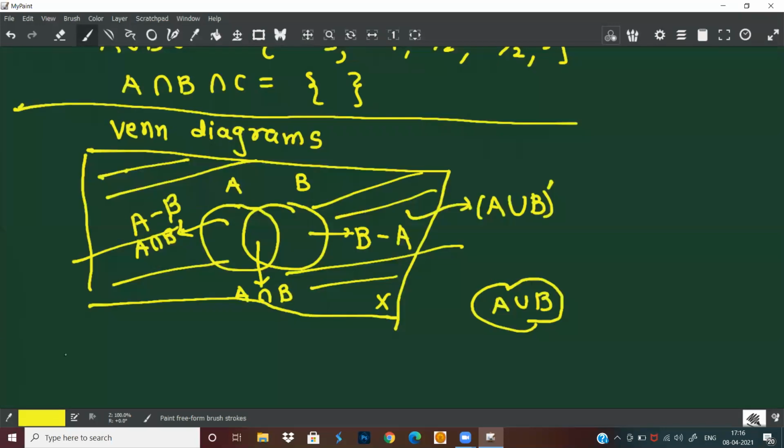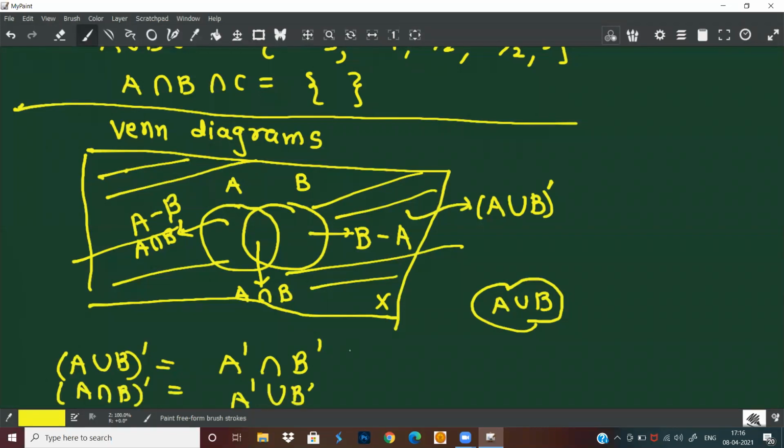Correct? And remember that A union B dash is A dash intersection B dash, and A intersection B dash is A dash union B dash.